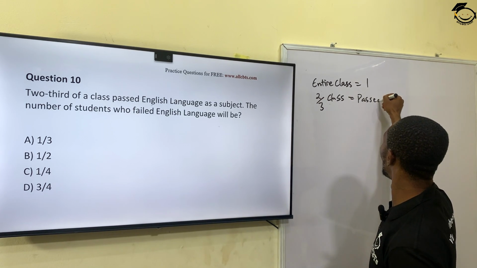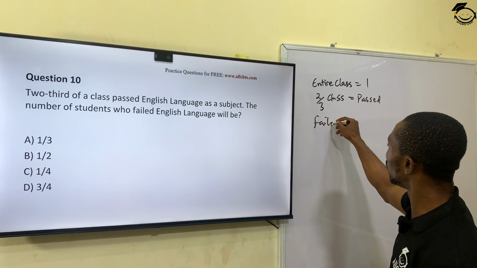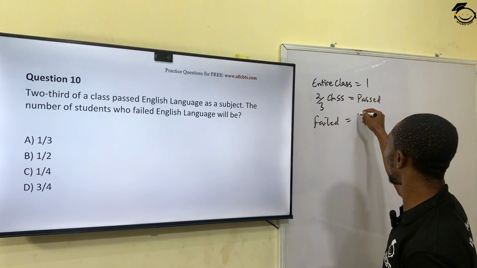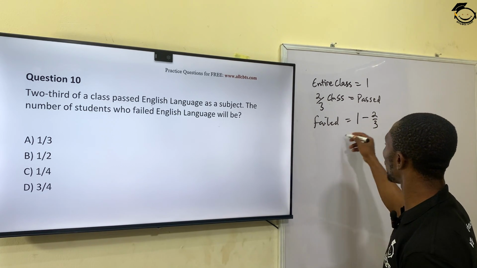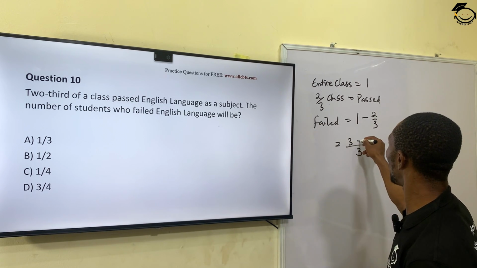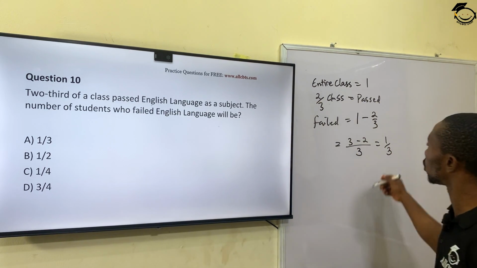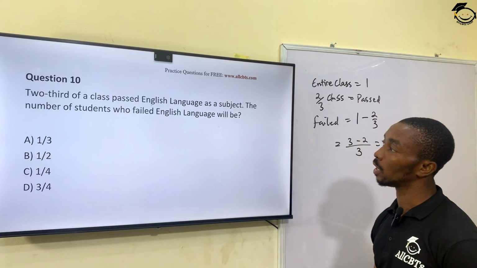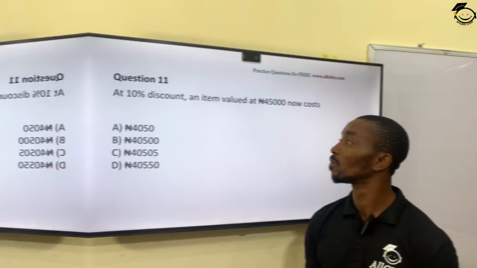Okay? Now, for those that failed would be the entire class, 1 minus those that passed, 2/3. Now, if we do our LCM, we would have 3. 3 minus 2 will give us 1/3. So therefore, 1/3 of the class failed the English language test, which is option A.